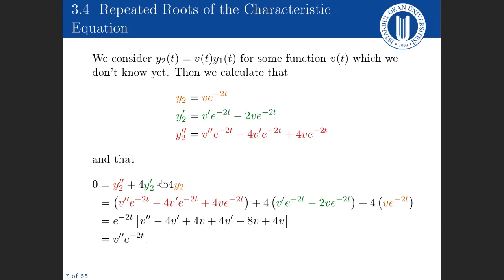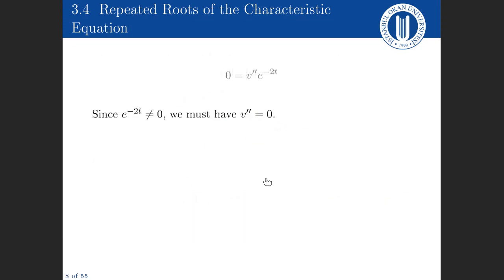Substituting in the red, green, and orange formulae and rearranging and cancelling, this simplifies to v double prime e to the power minus 2t. We'll put this at the top. We want v to satisfy this equation.